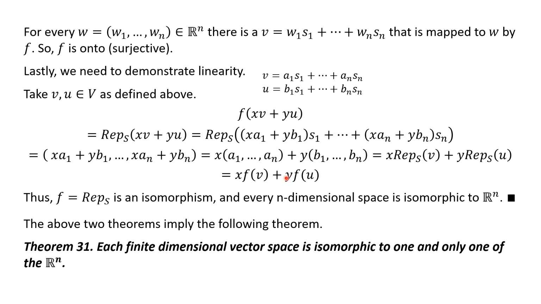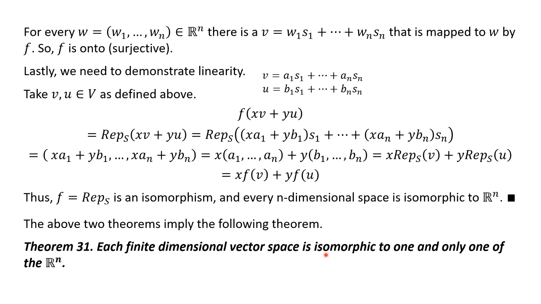And that gives us our linearity property. So we've shown all the criteria for f to be an isomorphism, and thus every n-dimensional space is isomorphic to Rn.